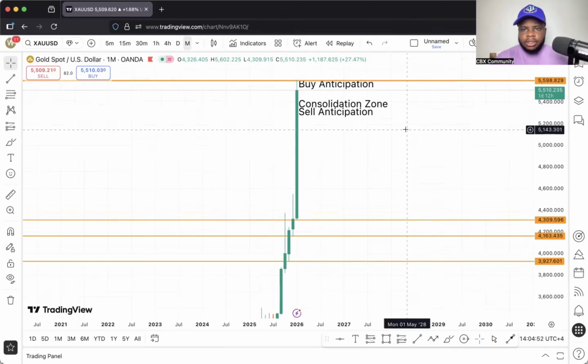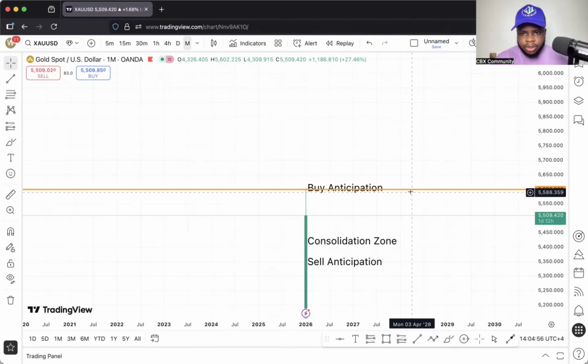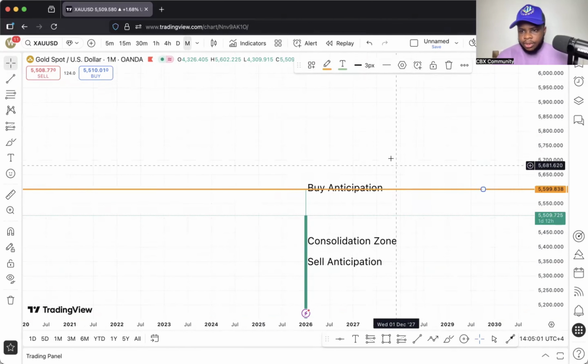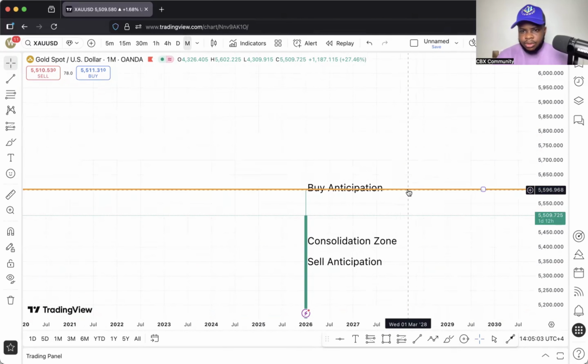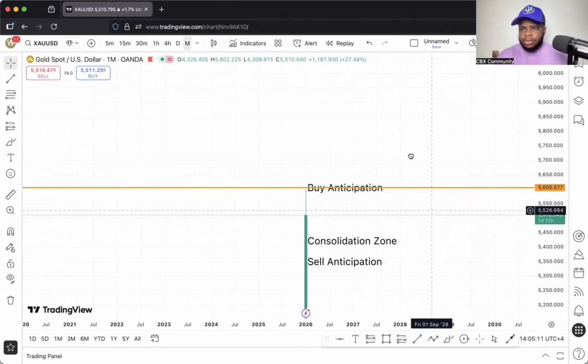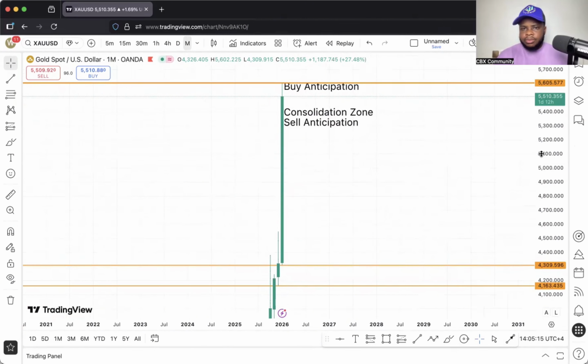Let me see. Let's zoom the chart a little bit. Let's get it correctly. Okay. So I'm very sure that we are almost like 5605.57. So let's see what the market structure wants to do.